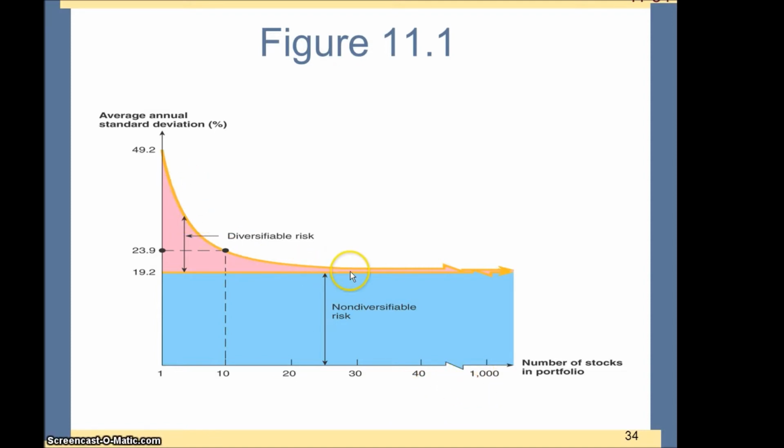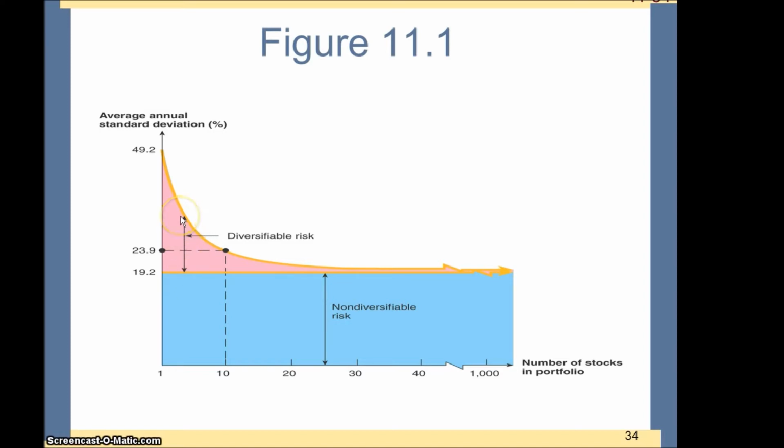But diversifiable risk can be diversified away when you increase the number of stocks in your portfolio. So the more stocks that you invest in, the lower the diversifiable risk. You can see here, if you hold, let's say, about 3 stocks, then there's much diversifiable risk that you need to face.